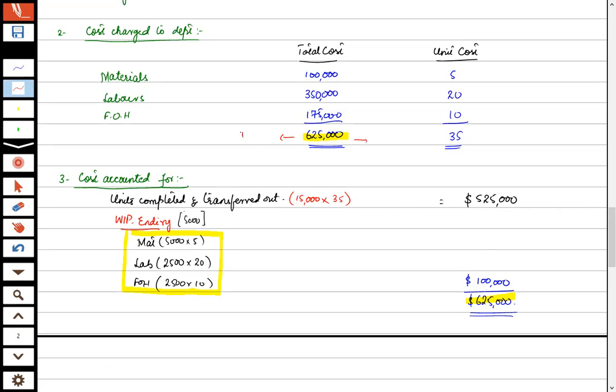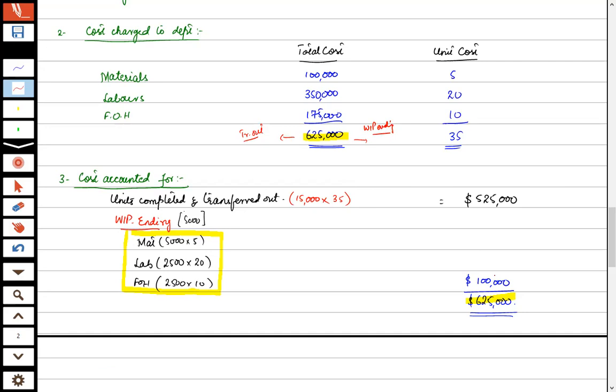One part was transfer out and the other part was WIP ending. The transfer out cost was 525,000 and the units still being processed cost 100,000. Clear?